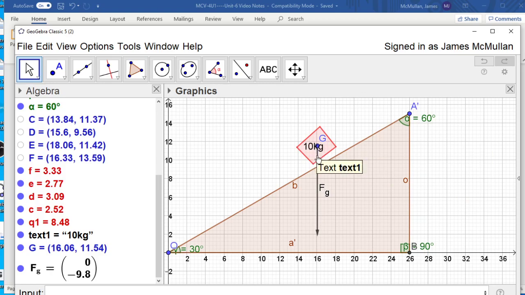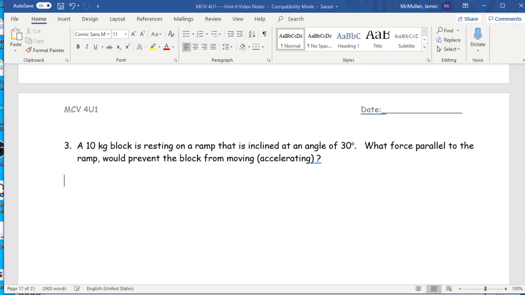Now obviously not all of that force is simply going to cause the object to slide down the ramp, because some of the force is acting in this direction down the ramp, and some of the force is acting into the ramp. So the first thing we need to do is change F_g, which is just 10 times 9.8, or 98 newtons straight down, into its components.